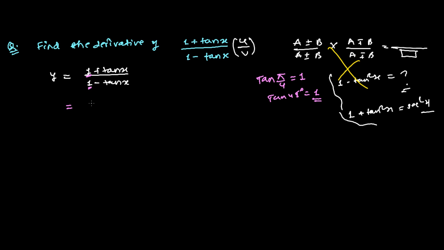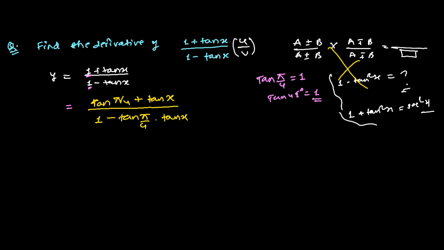See, here I'm using tan pi by 4 plus tan x, divided by, now again the 1, it is 1 minus tan pi by 4 times tan x. And see what I did here.